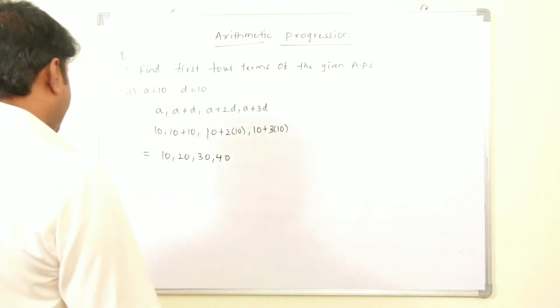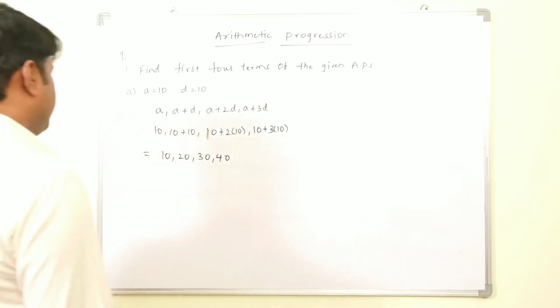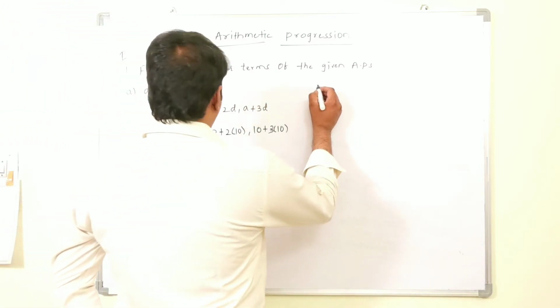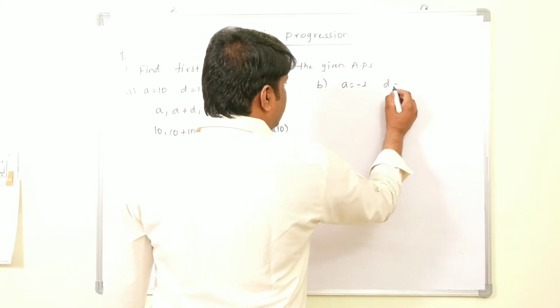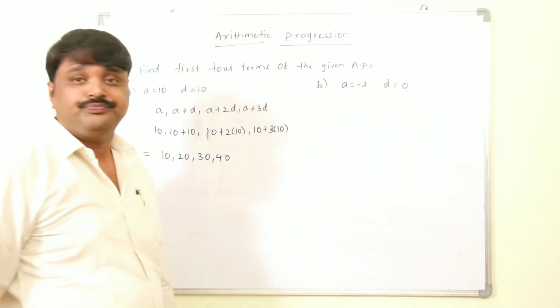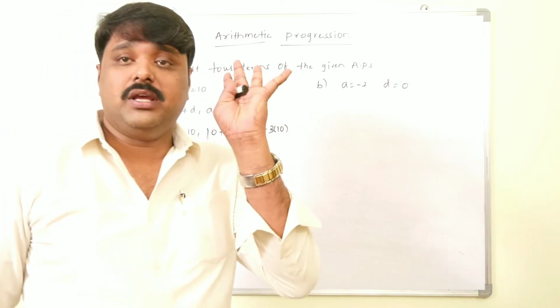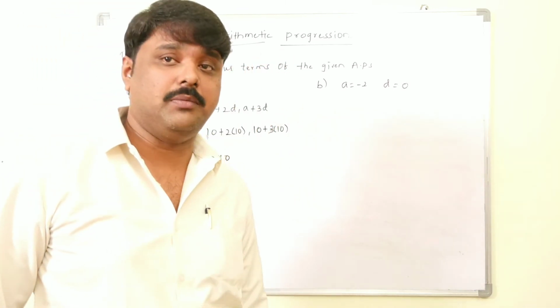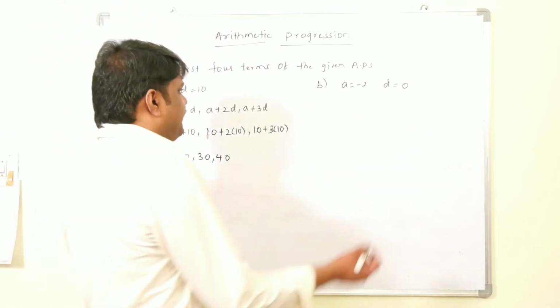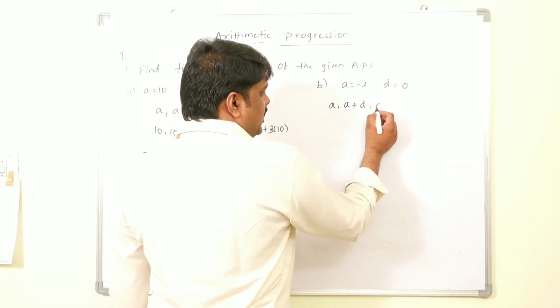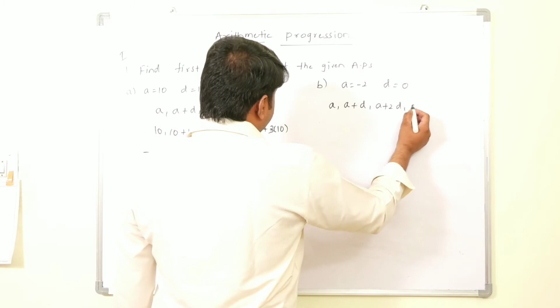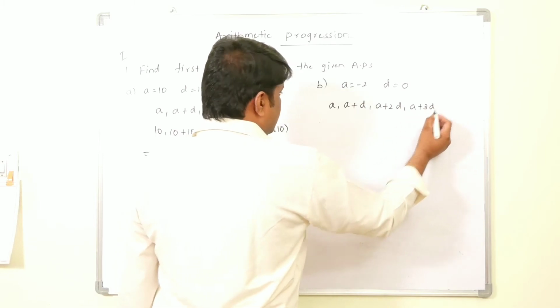Likewise, let us find the first four terms when A is given as minus 2 and D is given as 0. There is no common difference between any two consecutive terms of the given arithmetic progression. Then obviously A plus D, A plus 2D, A plus 3D.